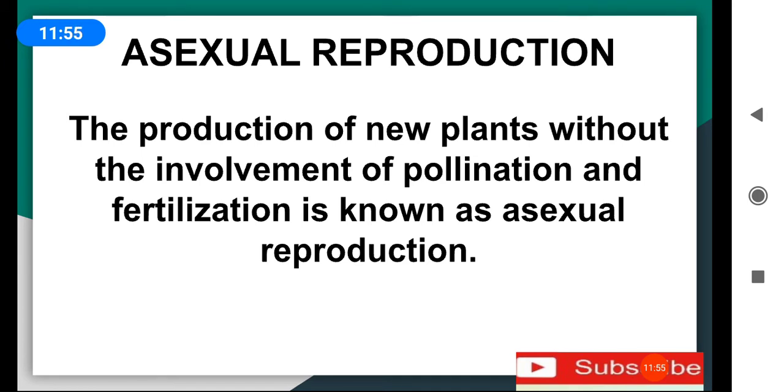The production of new plants without the involvement of pollination and fertilization is known as asexual reproduction. In sexual reproduction, pollination and fertilization are involved, but in asexual reproduction there is no involvement of pollination and fertilization.